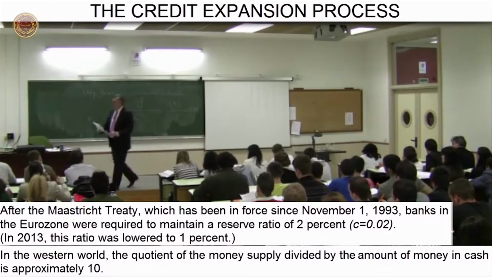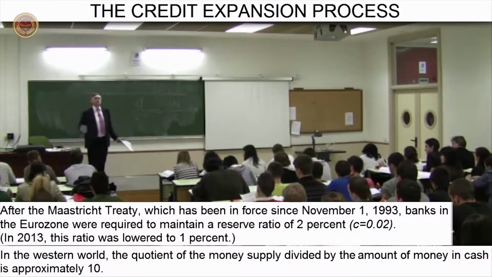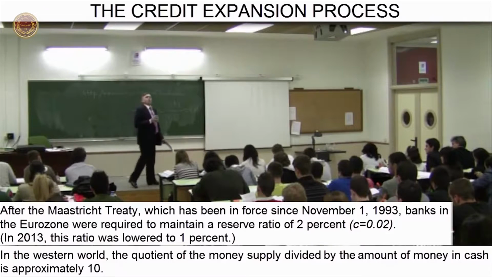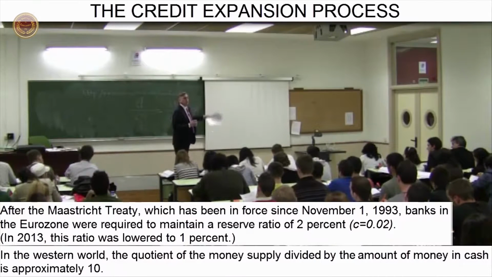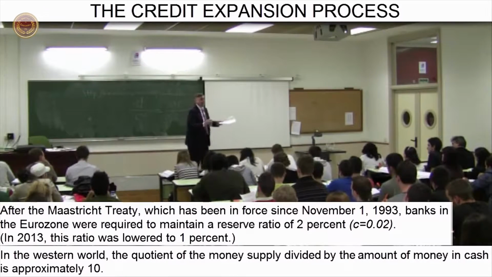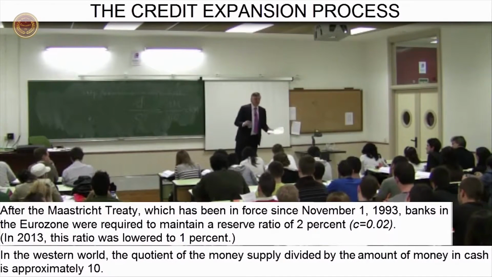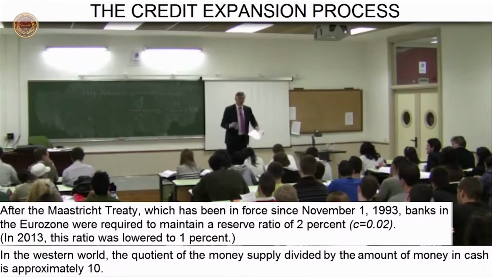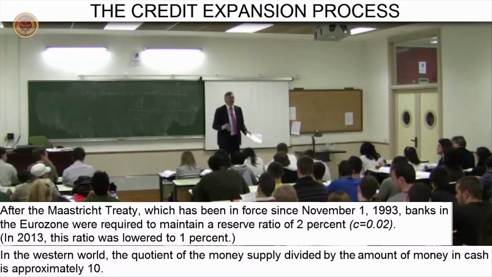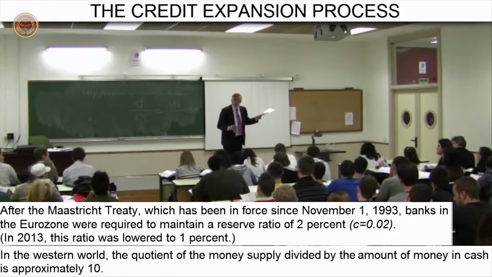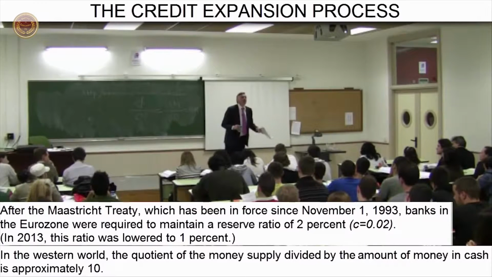Well, any of you might raise your hand now and complain. Listen, Professor, everything you have said is a lie. Banks' capacity to expand from nothing, perfect money substitutes, or fiduciary media not in the form of cash in the vault, is 1 divided by 0.02. 50 times, and not 10, as you have more or less said happens in reality. How can this be explained?